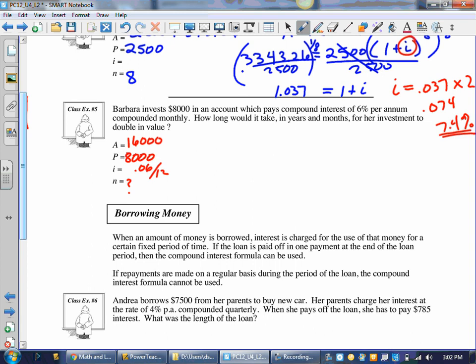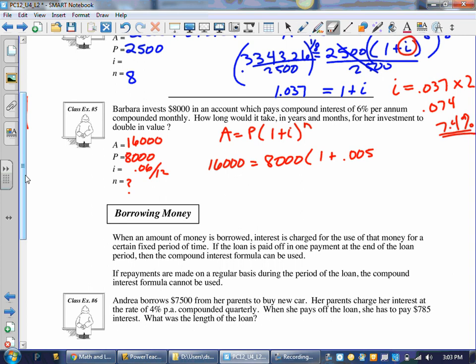Plug into your formula and away you go. So it's going to look like this. A equals P times 1 plus I to the n. So we plug it all in. Right quickly. I know this is 0.06 divided by 12, which on my calculator is 0.005.